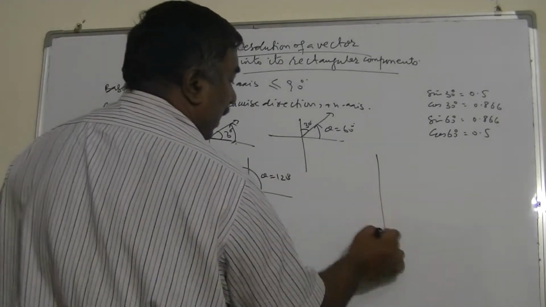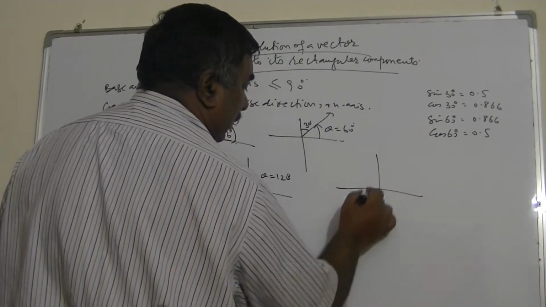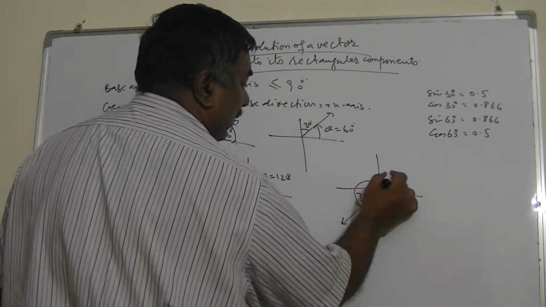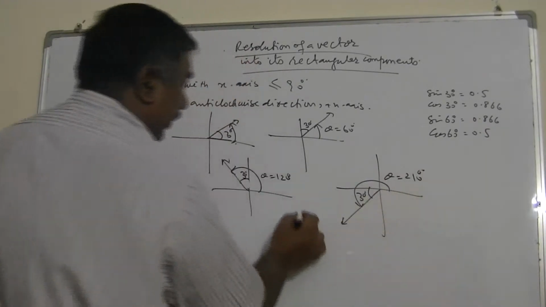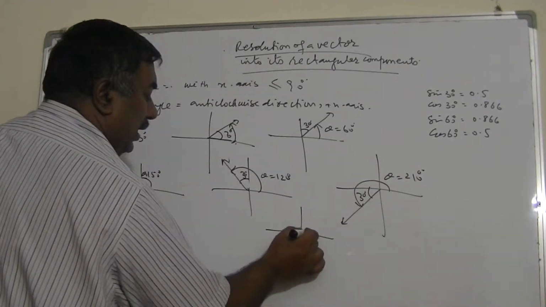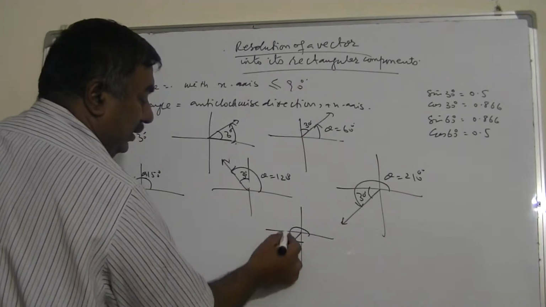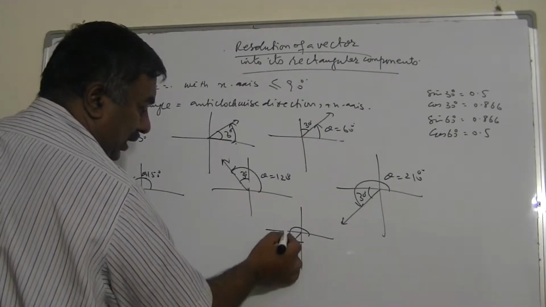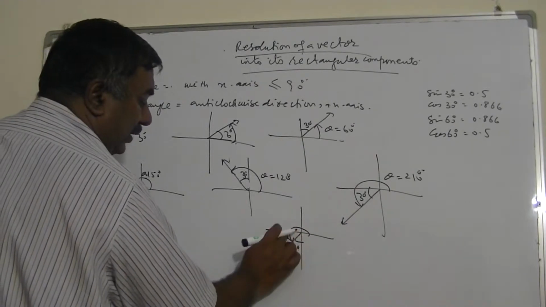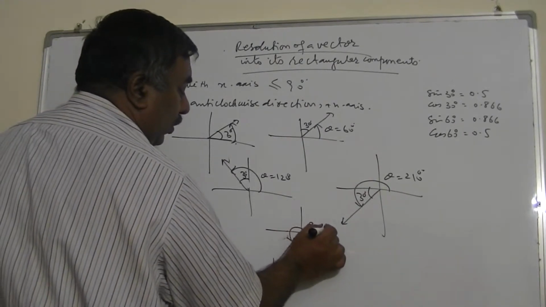If the angle is 30 degrees here, the general angle is 180 plus theta, which is 210 degrees. If 30 degrees is here, the remaining angle is 60, so it is 180 plus 60, which is 240 degrees.